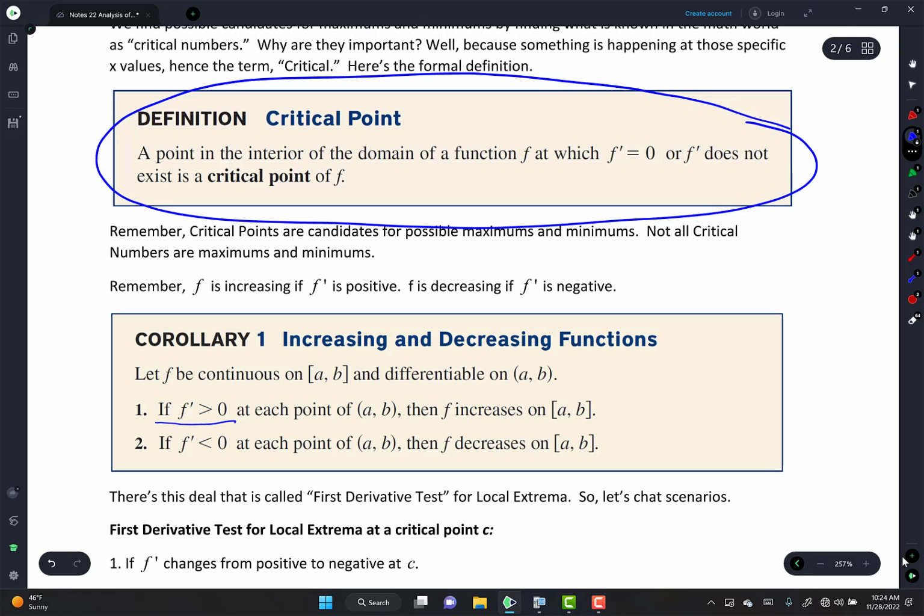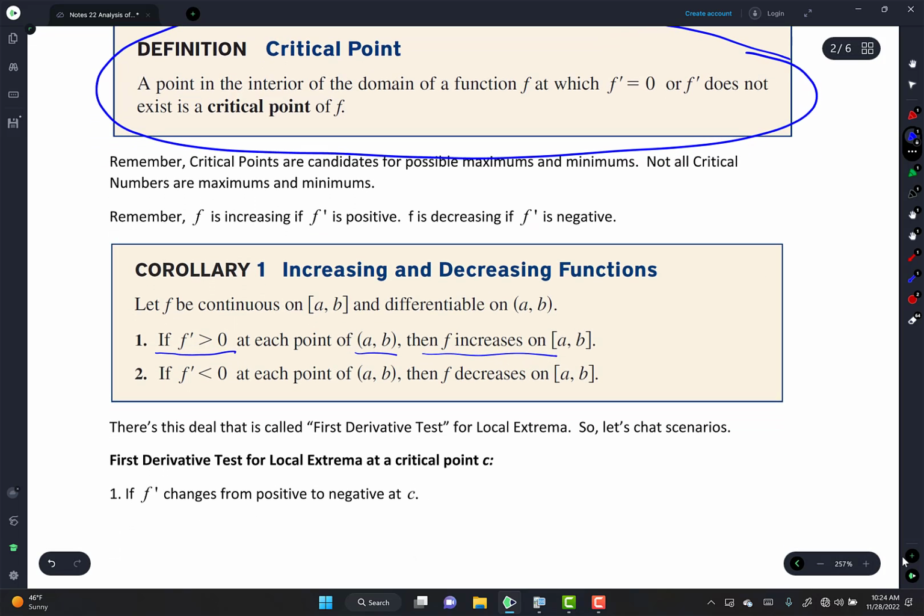If f prime is positive on this interval, then f increases. That's all it's saying. Remember that f prime stands for slope. If the slope is positive, then the function f has to increase. Does that make sense, guys? If f prime is negative, that's how you say negative. So that's how you say positive.